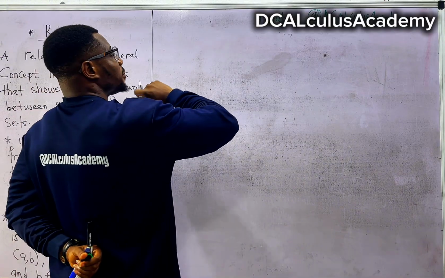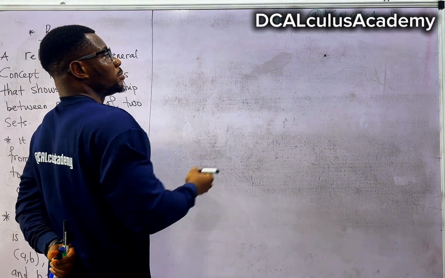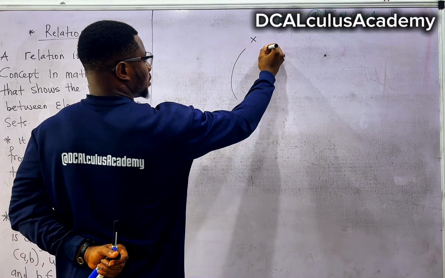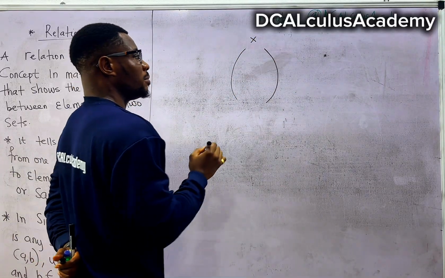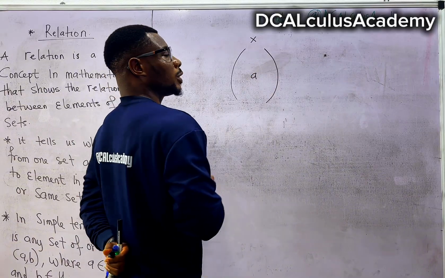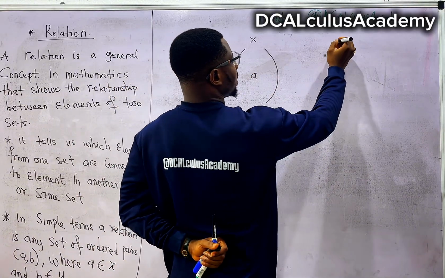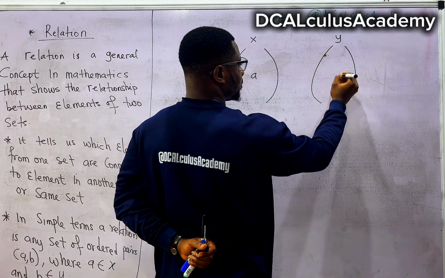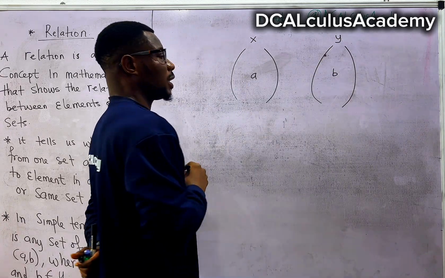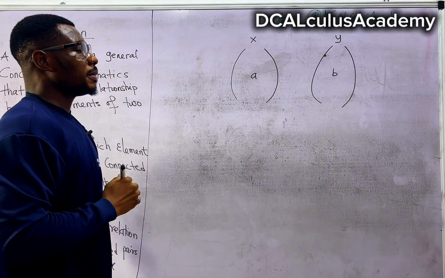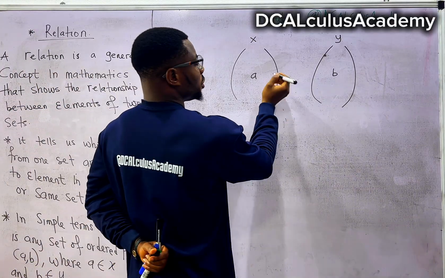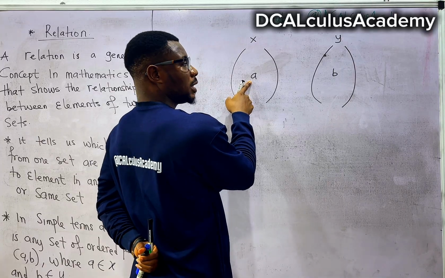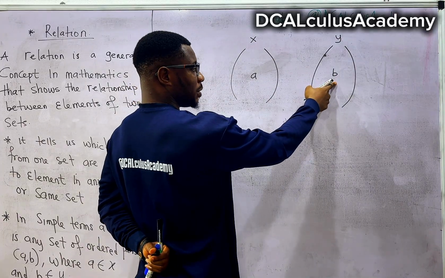Now let's assume that we have the set X. In the set X we have an element A. We have another set Y, and in the set Y we have another element B. So what relation does is that it shows us the relationship between the element of set X, the first set, and the element of set Y, which is the second set.